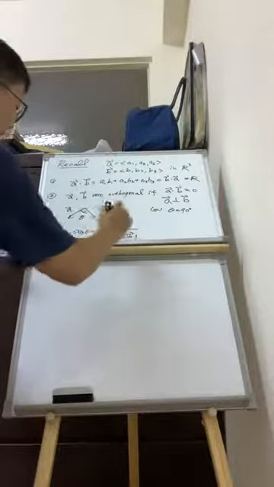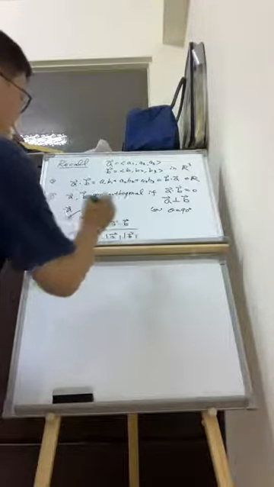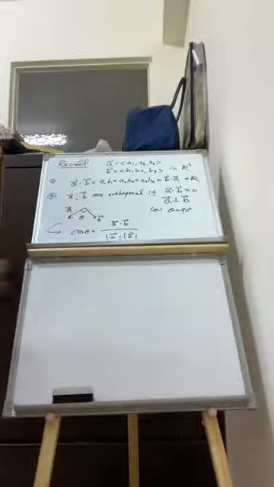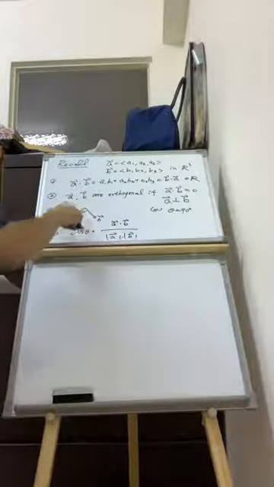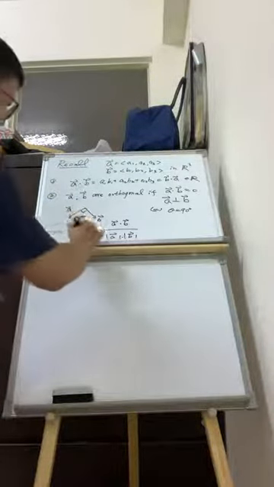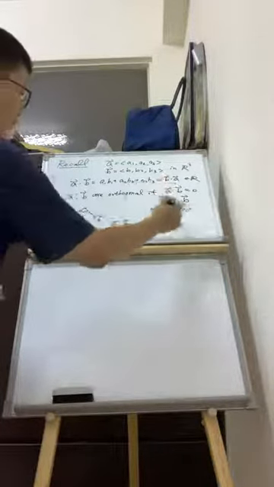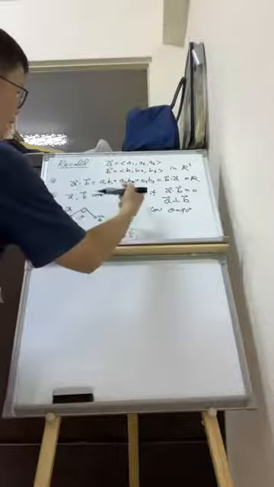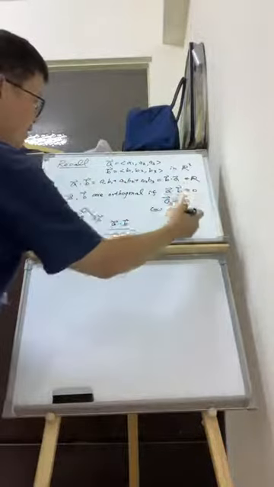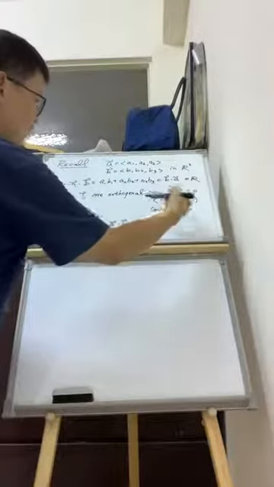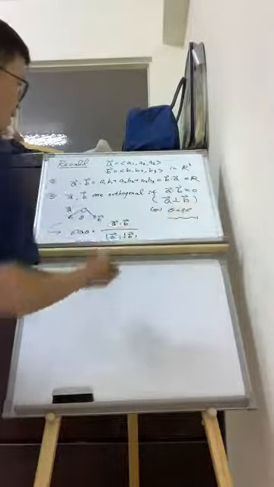Because if two vectors A and B have angle theta, then cosine theta equals this. Using this result, we know that if two vectors are orthogonal, the inner product equals 0, and in this case the angle is 90 degrees.